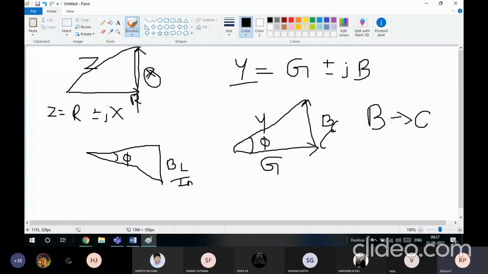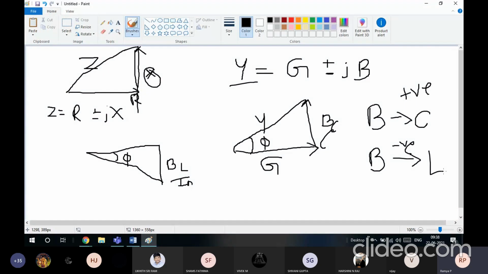If B is positive, it is capacitive. And if B is negative, that is, Y is equal to G minus jB, then it is inductive. It is just opposite to your impedance. That's it. You can remember it that way. If B is negative, it will be inductive in nature. Just keep these points in your mind.